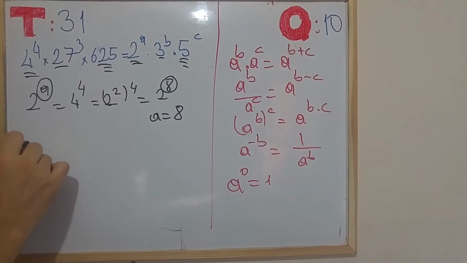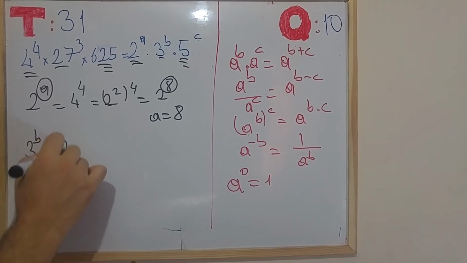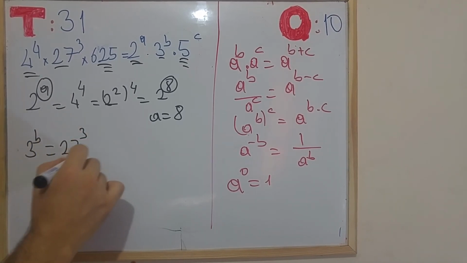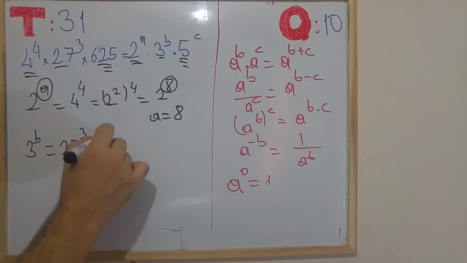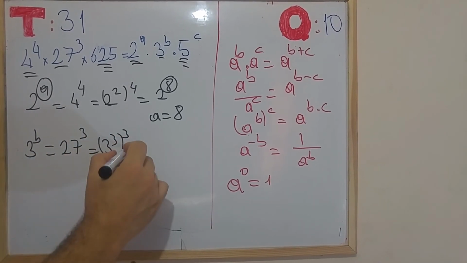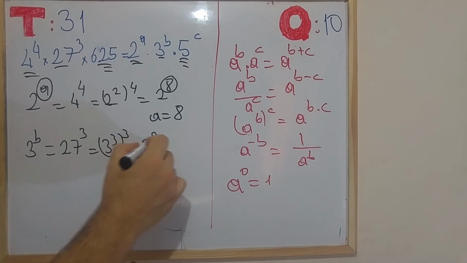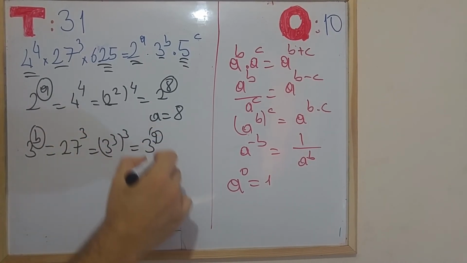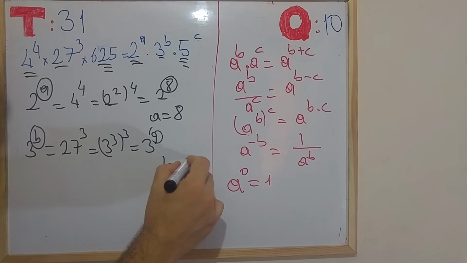Similarly, 3 to the b is equal to 27 to the 3. And 27 is equal to 3 cubed. So this is going to be equal to 3 to the 9, which means that b is equal to 9. So let's write this down too.